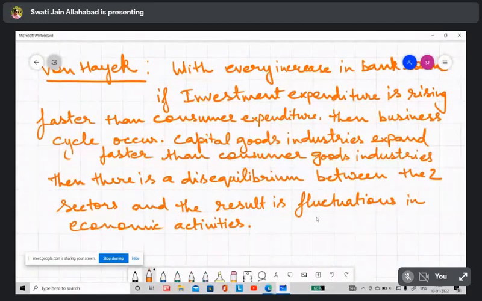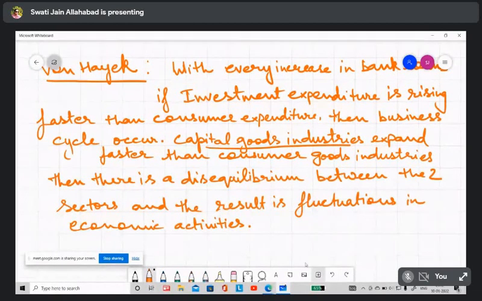So it is not only the expenditure which Hayek is emphasizing. Hayek is saying that if the investment is rising faster in the capital goods industry, this will create an expansion for the economy. Because capital goods industry will lead to more production of not only consumer goods but different types of capital goods, and this will create higher production capacity in the economy. Higher production capacity will lead to more economic activities, more employment, more opportunities, more profit, right?